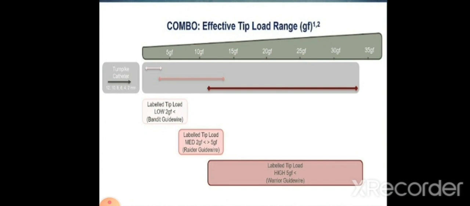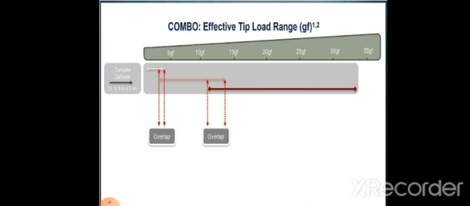Also, if the Turnpike is used with a guide wire with higher tip load, more than 5 gram force, it may increase the effective tip load and may reach up to about 33 gram force. So, by the effect of the Turnpike with different kinds of tip load guide wires, you have overlap zones.